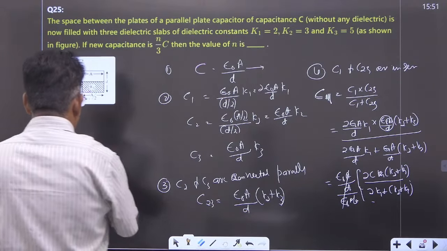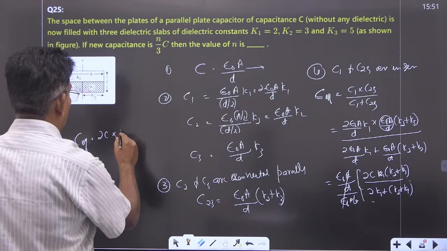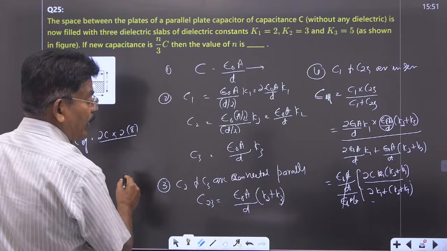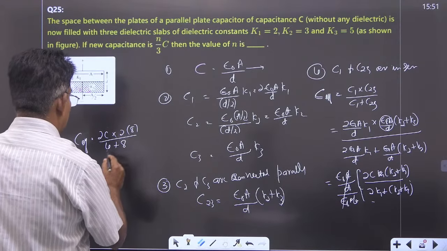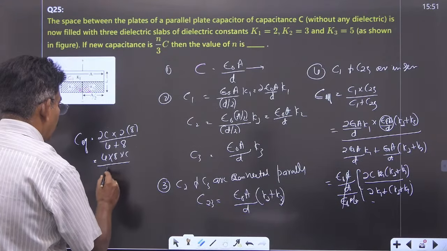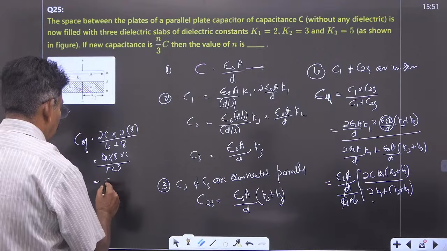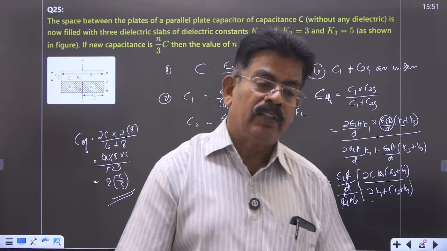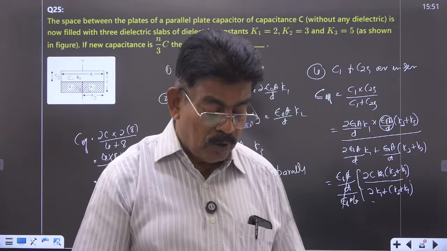So C effective will be 2C into K1 is 2, into K2 plus K3 is 8, divided by the denominator 2K1 is 4 plus K2 plus K3 is 8. This comes to 4 into 8 into C divided by 12, which is 8C by 3. So in place of n, you have 8.